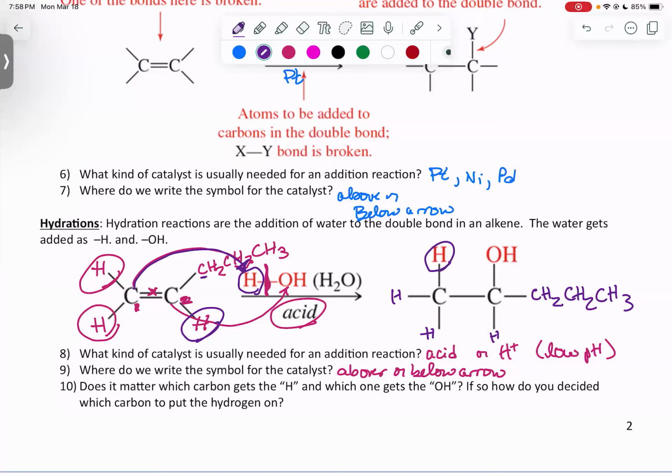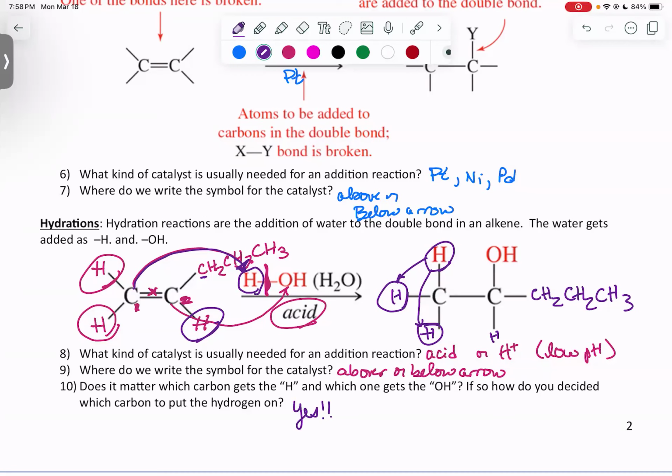So the hydrogen, you remember hydrogen wants to go and hang out with hydrogens. It's just plain rude. But hydrogen will always go to the place where there are more hydrogens. And that's just a rule that you have to remember. So does it matter where you put it? Yes, it matters very much.